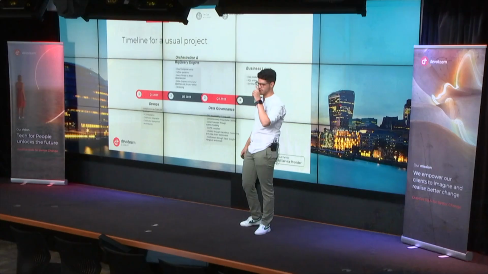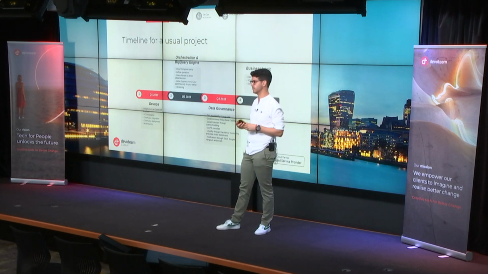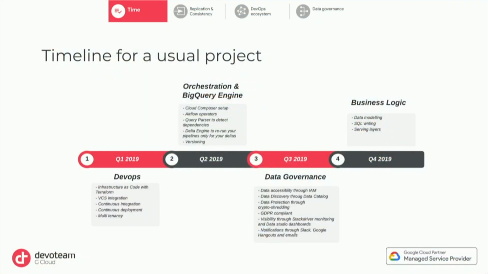In a typical project without Flycs, you will start in Q1 by defining, for example, the DevOps approach or the infrastructure as code: what needs to be deployed, and how to deploy one thing or the other, or all. Then in Q2, you will probably start configuring Composer to have it ready for your task dependencies, solving all the task dependencies needed.